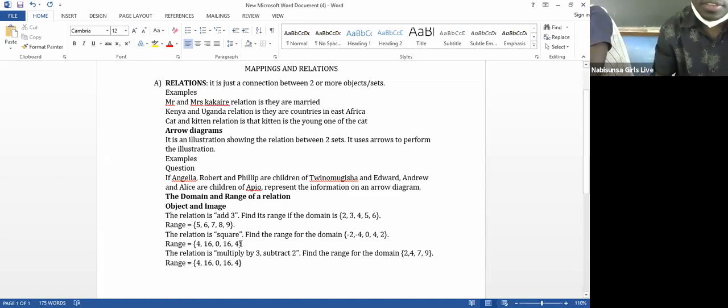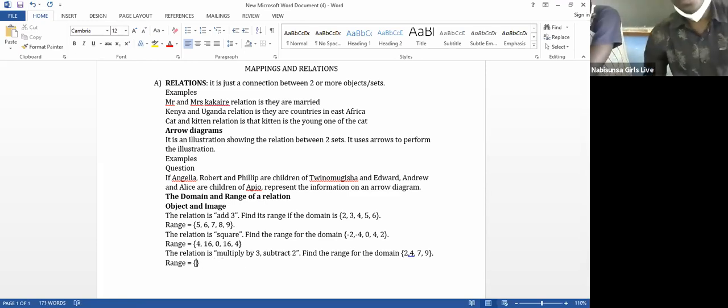I will come back to this example. I had something to discuss, but let me first build this. I don't want to distort my outflow. So I'm waiting for the range for that domain.